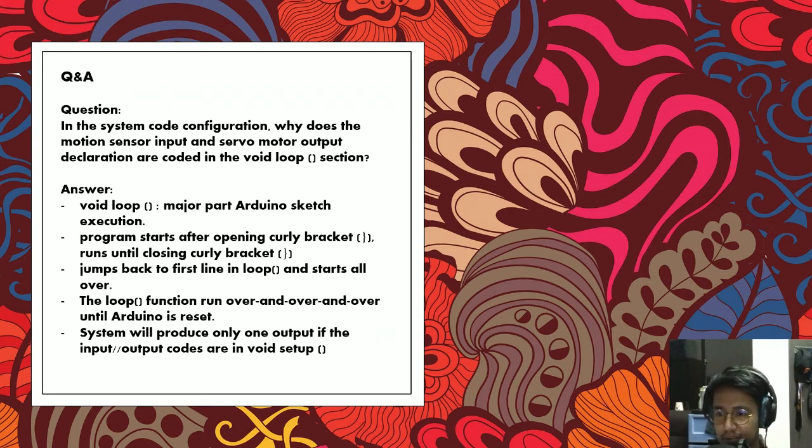It doesn't produce another output. Same goes if I move to a different location 2 to 3 times. Nothing will happen, because the system doesn't tell the components to loop all the inputs. So that is why we need to put these codes in the void loop section.